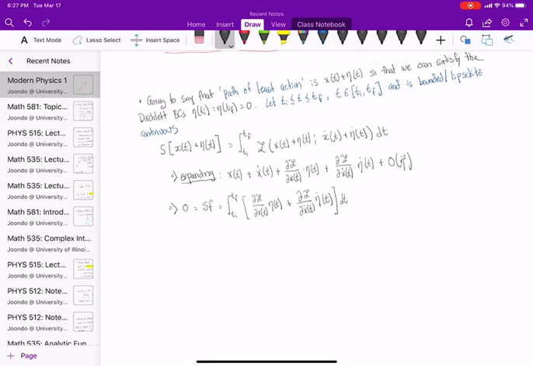Okay? So to integrate this, we have to use integration by parts. What a surprise! It's really not a surprise. So let's use integration by parts.